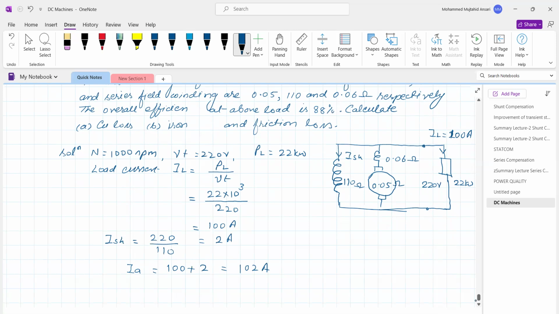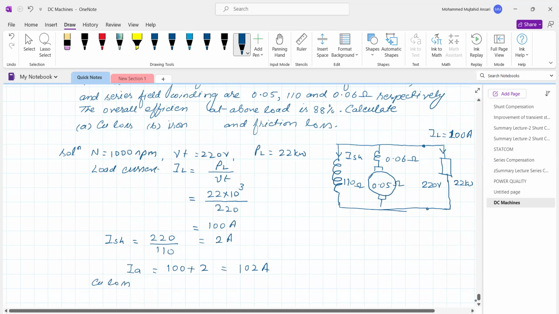We are going to find out the copper losses, and the overall efficiency is given. So we can calculate the losses in the generator, and from the losses, we are going to define the output and input of the generator. So first we will calculate the Cu losses.